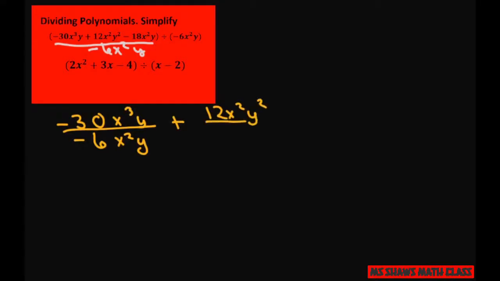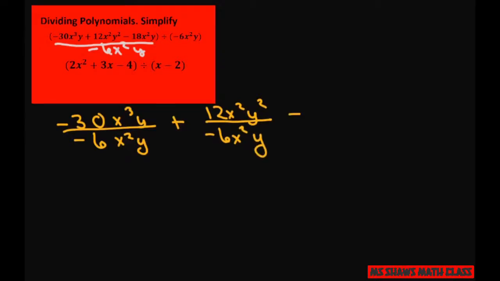I'm going to split this up and put my divisor under each piece, which is negative 6x squared y. And then my numerator, I have 12x squared y squared, divided by negative 6x squared y.